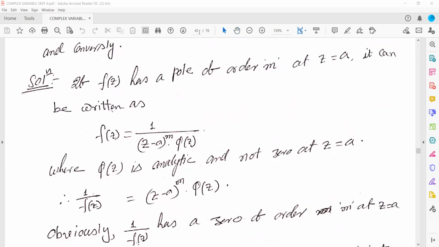So if f(z) has a pole of order m at z equal to a, then it can be written as f(z) equal to 1 upon (z minus a) to the power m into phi(z), where phi(z) is analytic and not 0 at z equal to a. Obviously, why?